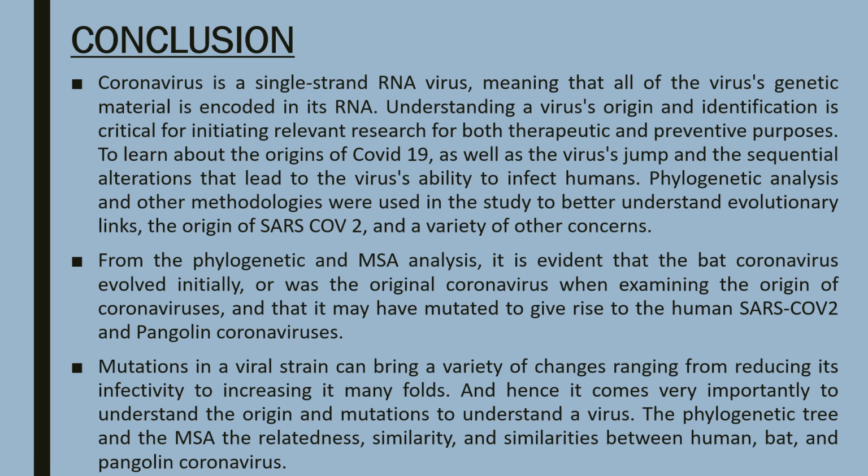Mutations in a viral strain can bring a variety of changes ranging from reduced infectivity to increasing its infectivity many folds. Hence it is very important to understand the origin and mutations to understand a virus.